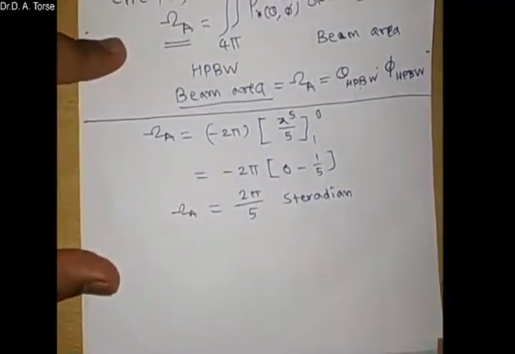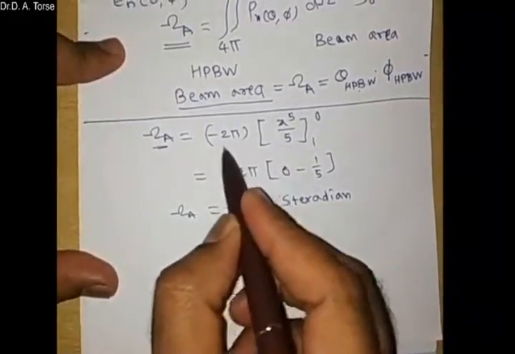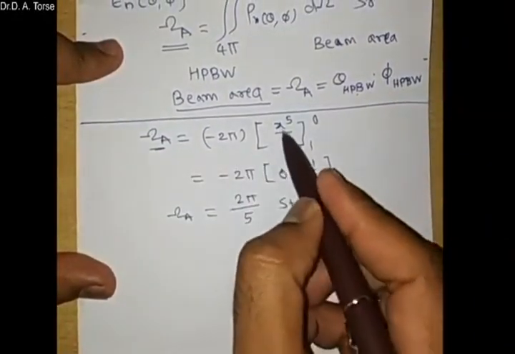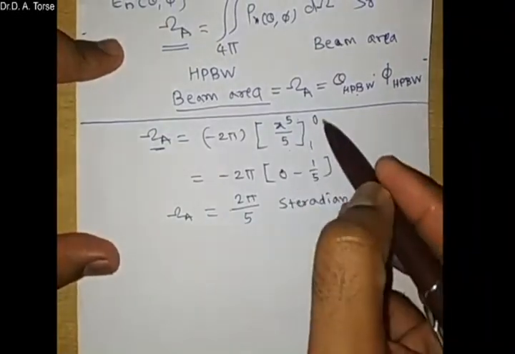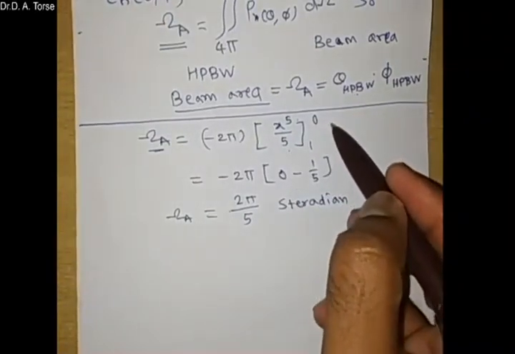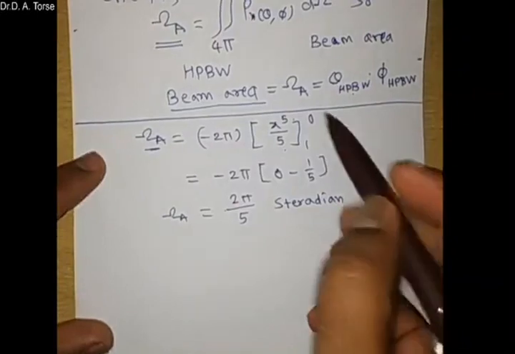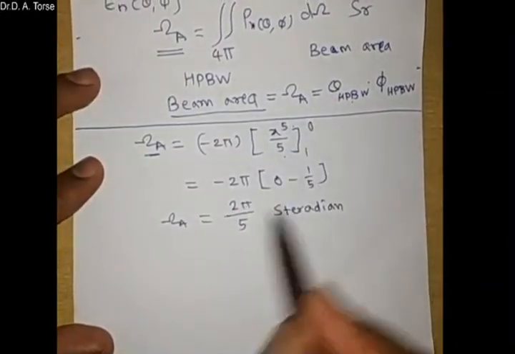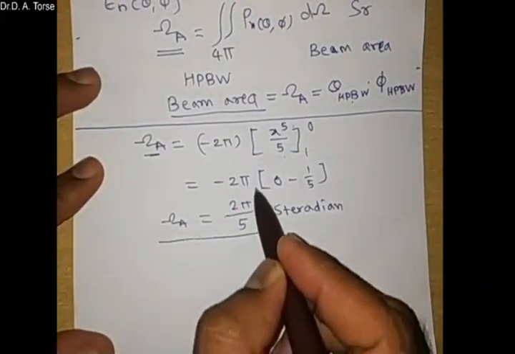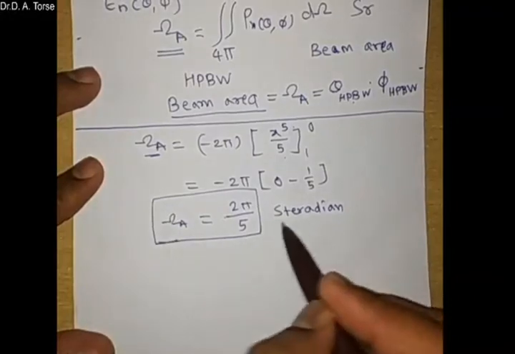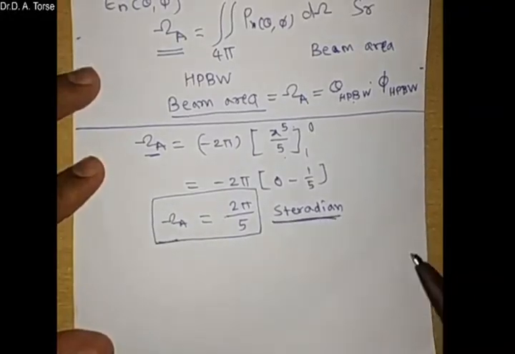Here I have solved the integral: omega A is minus 2 pi x to the power 5 by 5, with limits 0 and 1. If we substitute the limits, the answer we get for beam area is 2 pi by 5, and the unit for beam area is steradian.